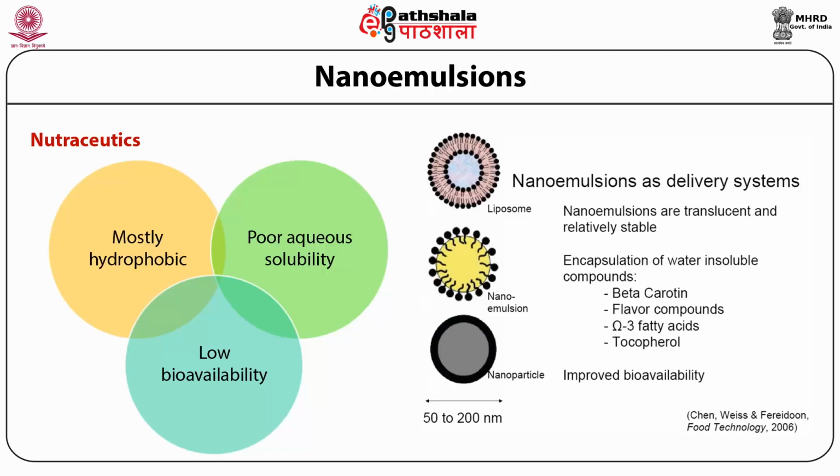Nanoemulsions, as also liposomes, are lipid-based nanoformulations which have been developed successfully with enhanced bioavailability of these nutraceutical compounds. In particular, nanoemulsions have been prepared for beta-carotene, omega-3 fatty acids, and tocopherols.